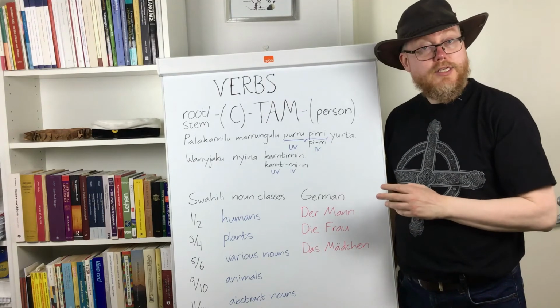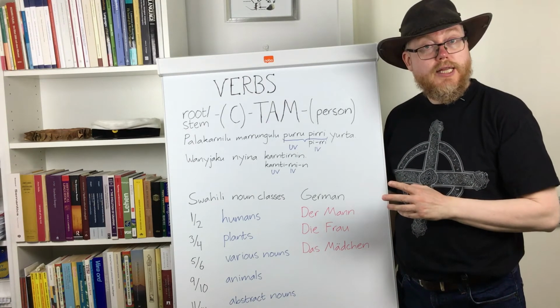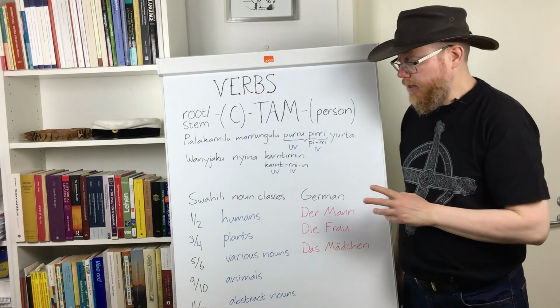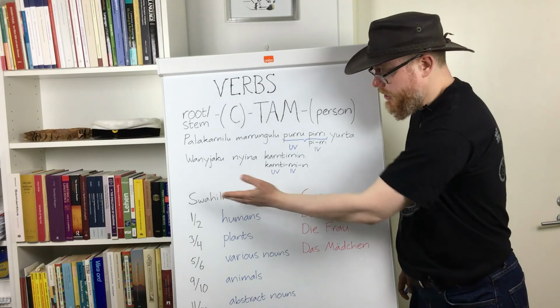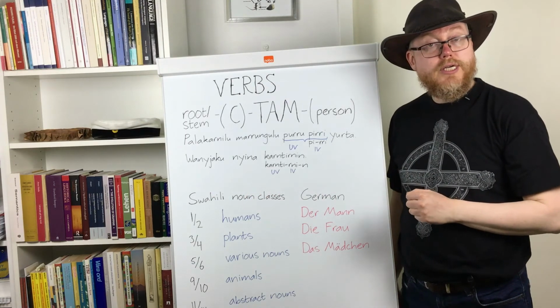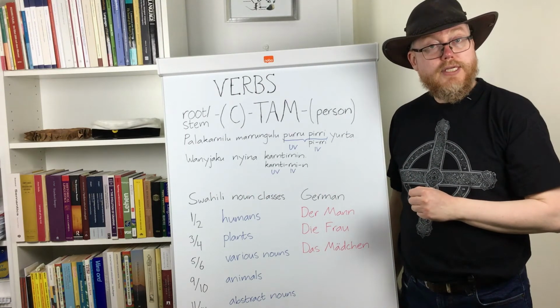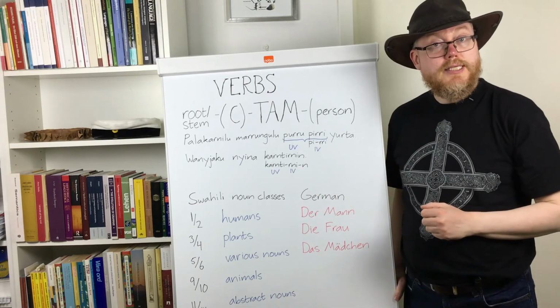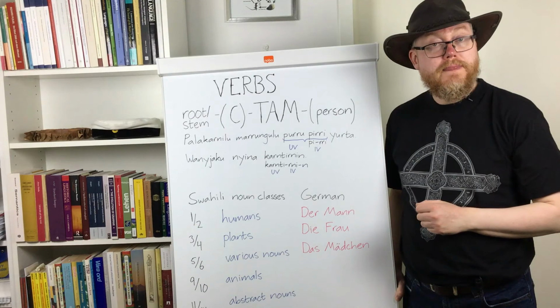Well, systems of noun classification are much more well known. Systems such as those found in Bantu languages in Africa, south of the Saharan Desert. And Swahili then is a Bantu language.